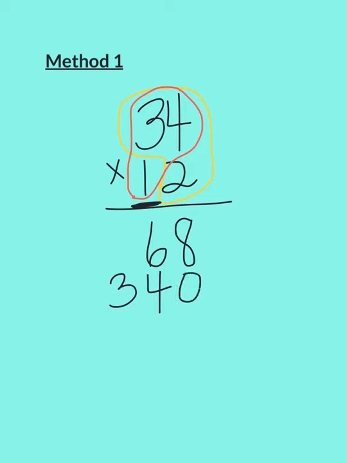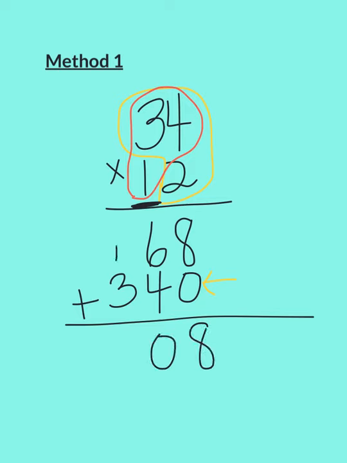You will always end up with a 0 in this spot when you multiply two-digit numbers. At this point, you add them together. 8 plus 0 is 8. 6 plus 4 is 10. Carry the 1. Your answer is 408.